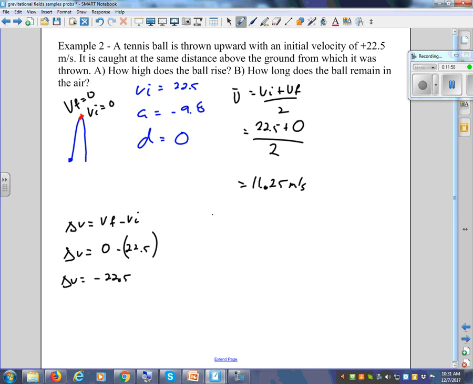And now I can do this. And that's going to solve for my time, right? Now here's one of those other math problems that kids struggle with, is how to solve that one. And you got to know how to do that. T is equal to minus 22.5, and you're dividing by minus 9.8. And you have to get a positive value, right? Time must be positive.